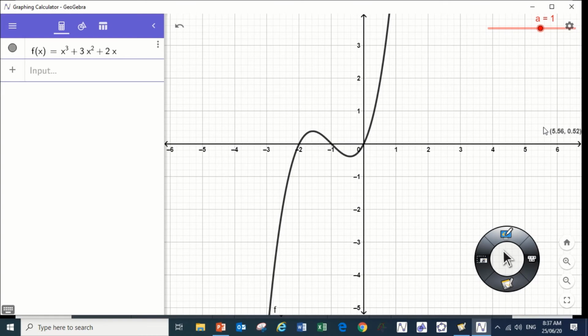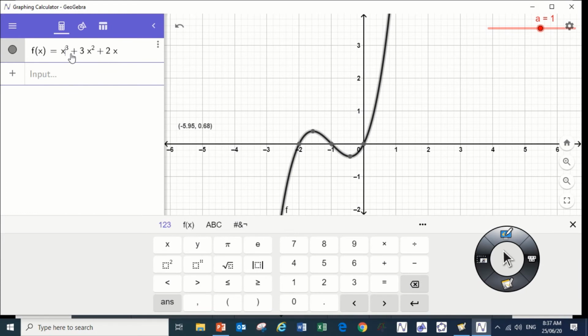Now, this software has got a slider. I think I need to change that equation. Let me put a there.